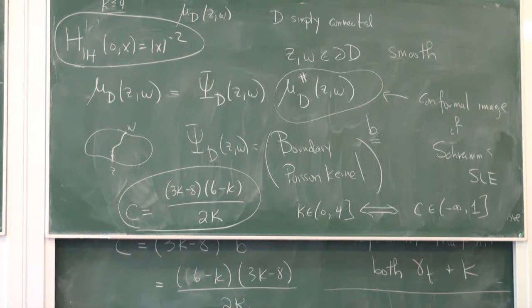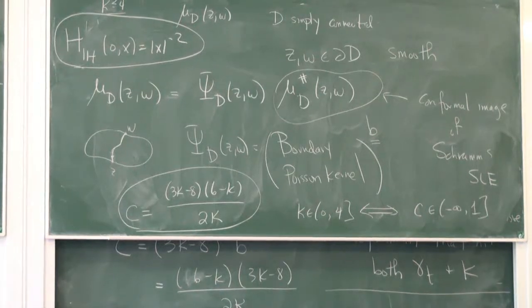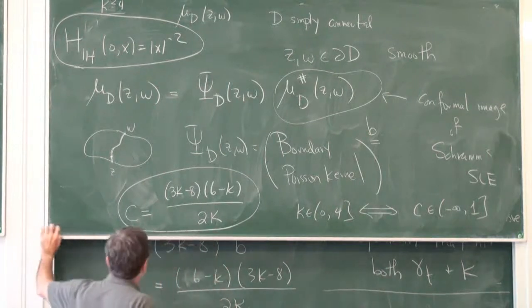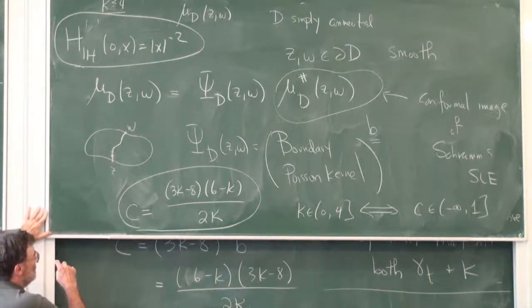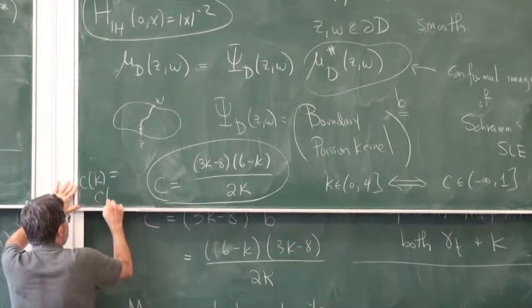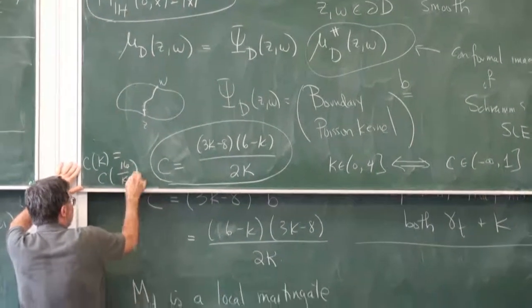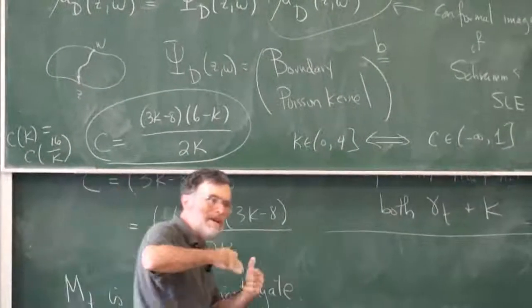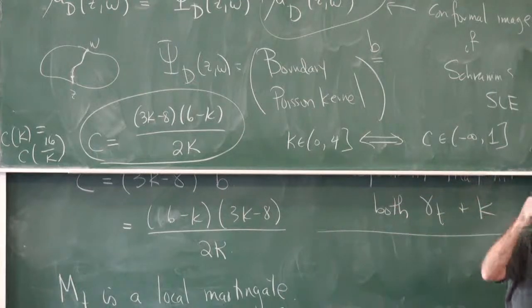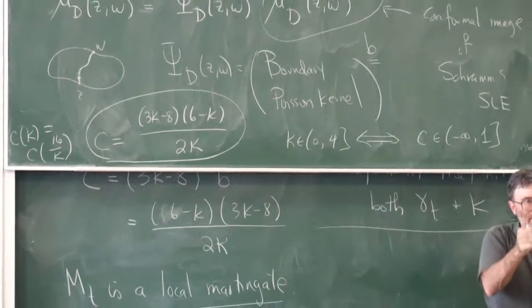Kappa equals 4 gives you c equals 1. Another exercise, which is easy, is c of kappa is the same as c of 16 over kappa. When kappa is bigger than 4, I can plug into this central charge formula, and in fact, I get these.